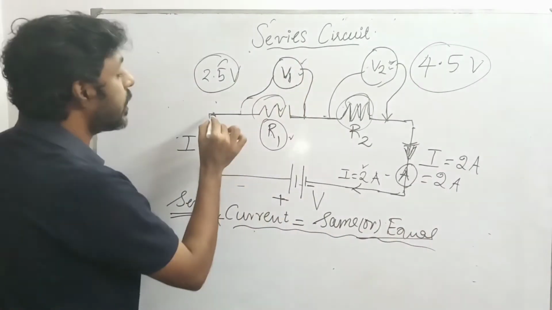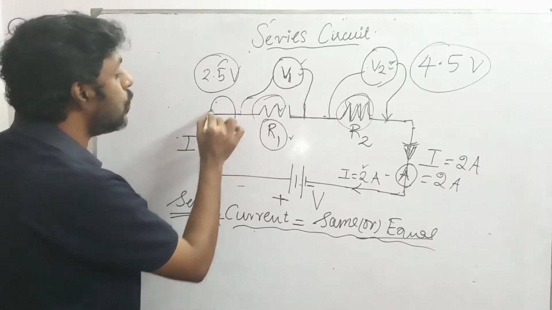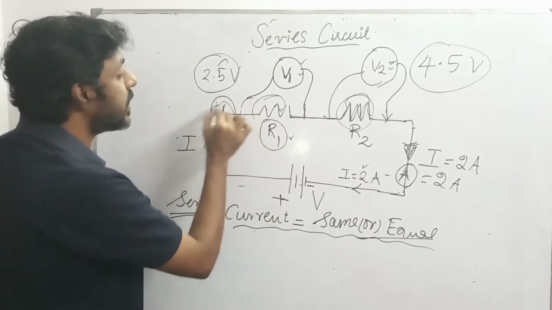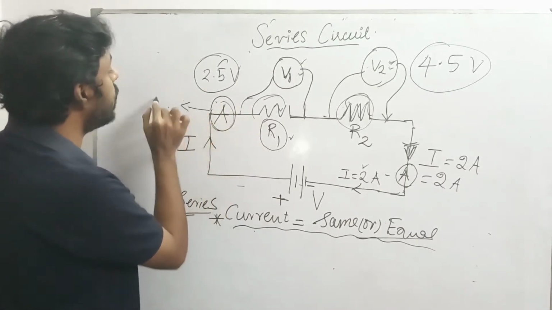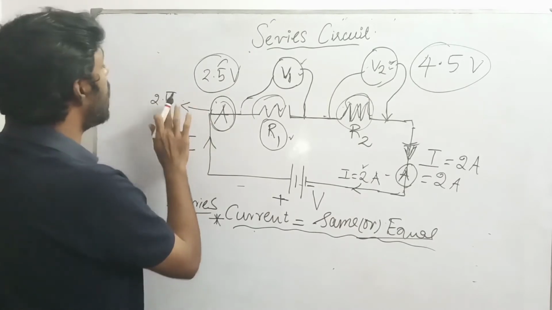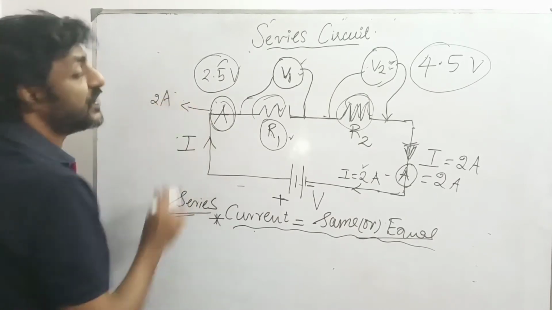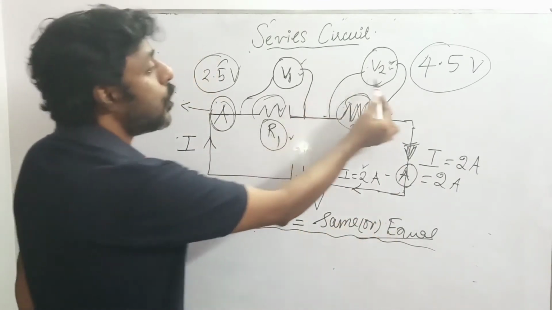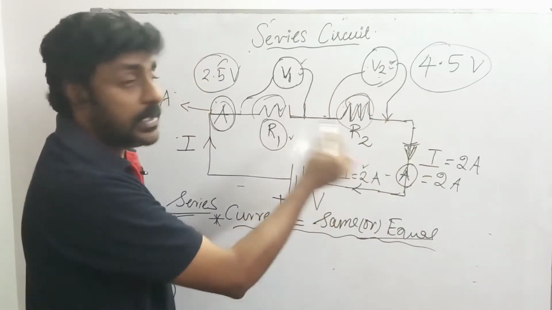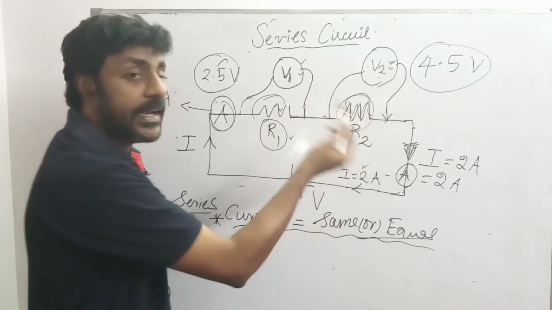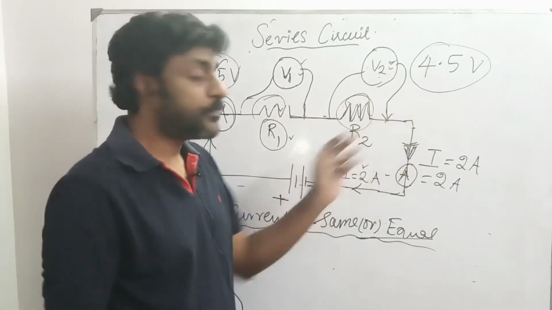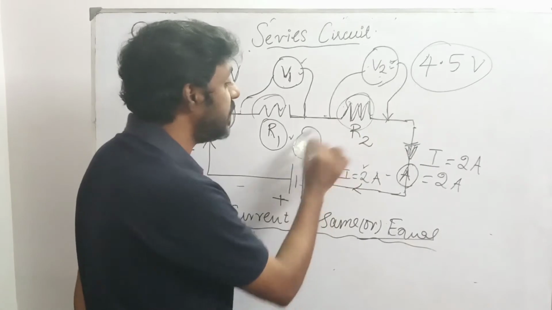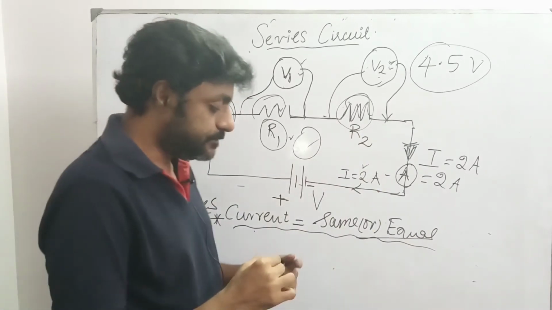If you happen to connect an ammeter over here and measure the value of the current, here also the ammeter will be showing 2 amperes. The value of the current won't change in a series circuit, but the value of the voltage will be different when the voltmeters are connected across various resistors. So this is the fundamental concept that is being followed in a series circuit.